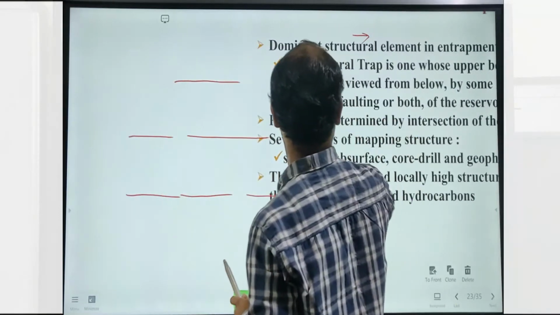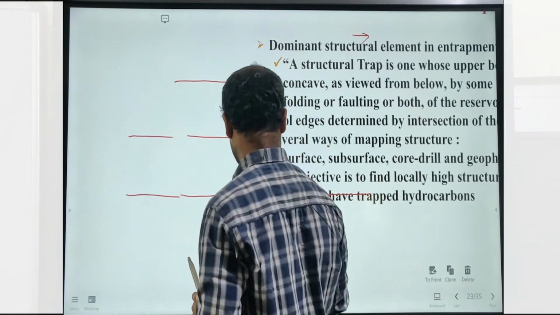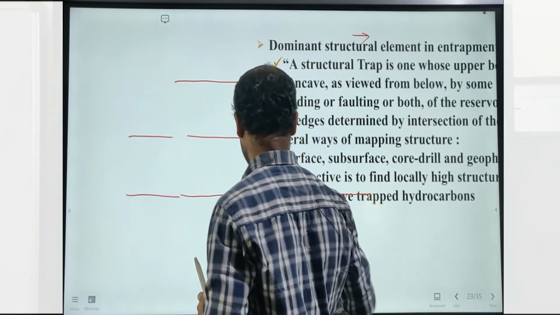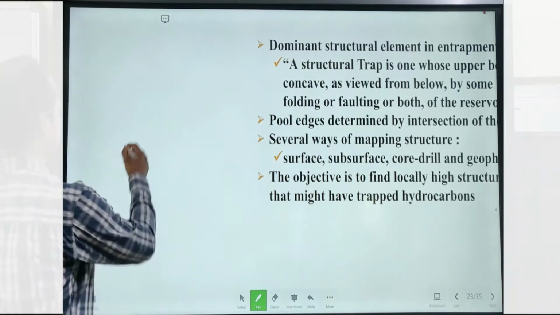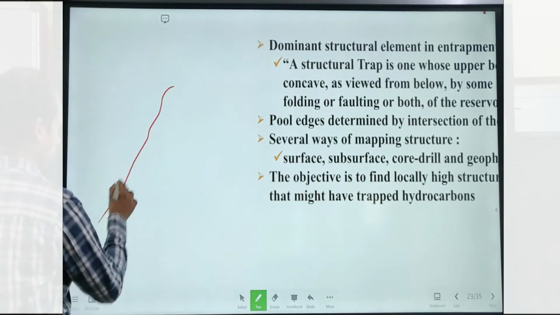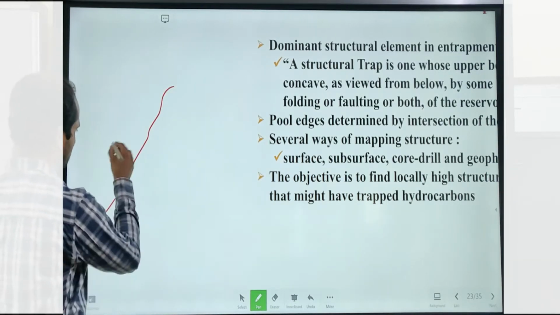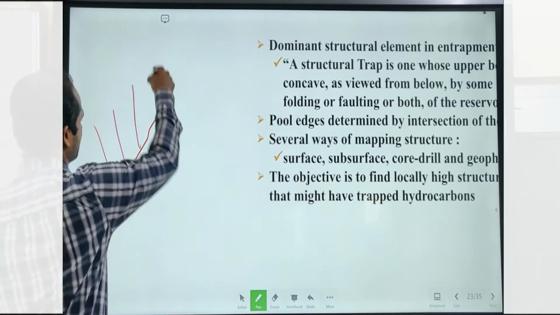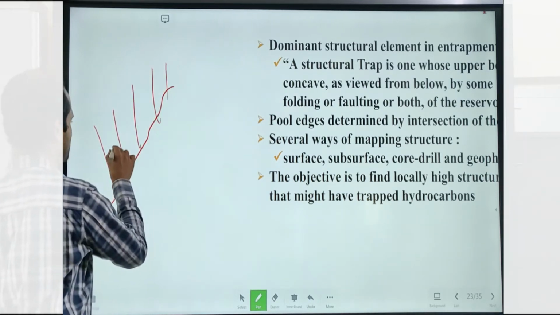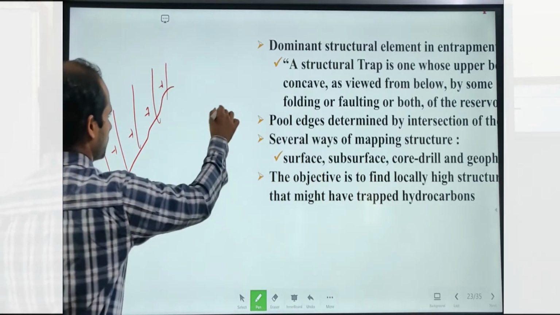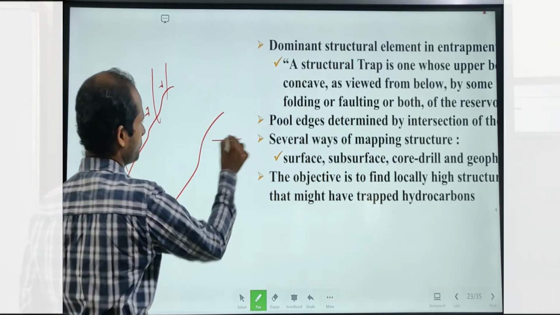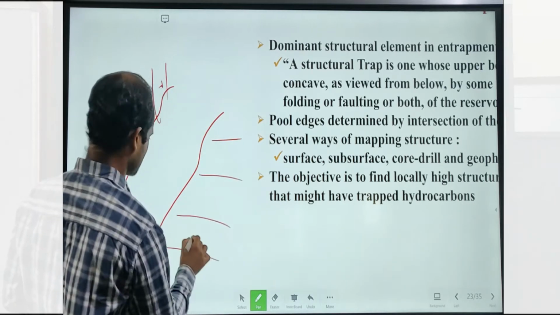So first is surface mapping. You must know it better than me. In structural mapping, what do we do? Suppose there is a road cut. Along the road cut there will be inclined strata. We measure the dip and strike of each of these strata along the road sections, and suppose they are dipping in opposite directions.